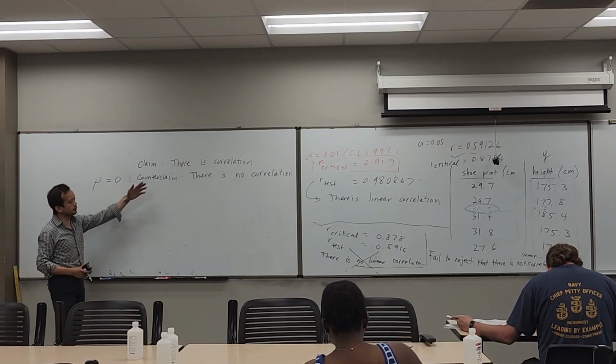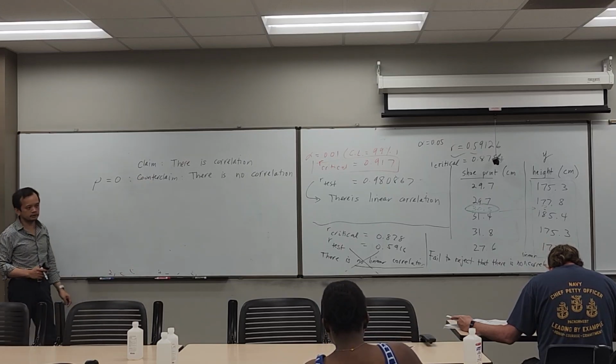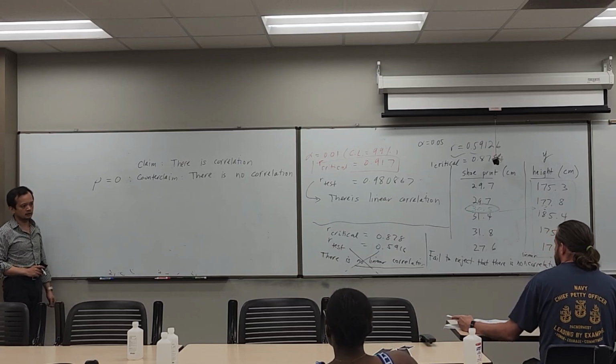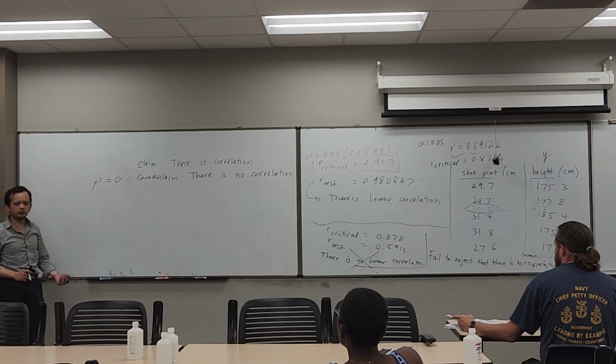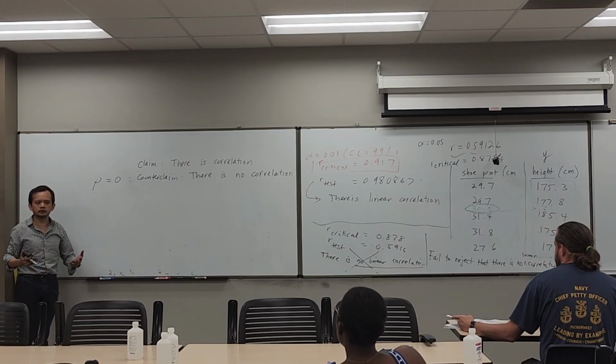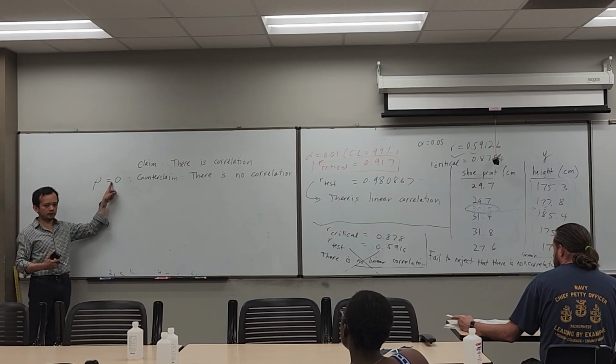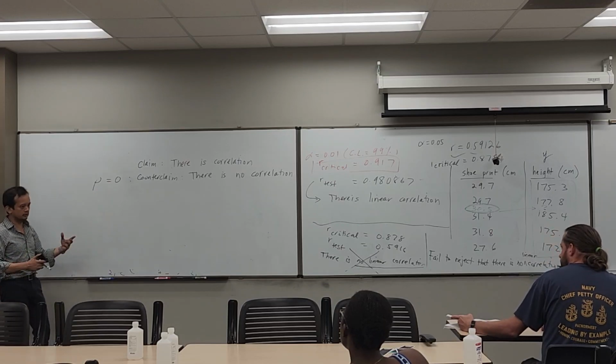What about if there is correlation? What should the linear correlation coefficient be? It should be close to 1, but we don't know how close to 1 is considered close enough. So we know that as long as it's distinctly far apart from 0, then that's considered correlation.